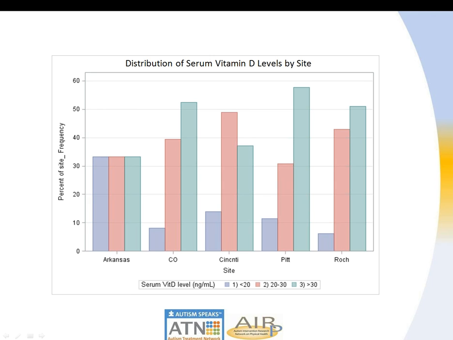And so what you can see is the percentage of kids who were deficient ranged anywhere from 6% in Rochester to 33% in Little Rock. And it was 14% at Cincinnati, 11% at Pitt, and then 8% at Colorado. Overall, 14% of children with ASD were considered to be deficient in our study and 54% insufficient.